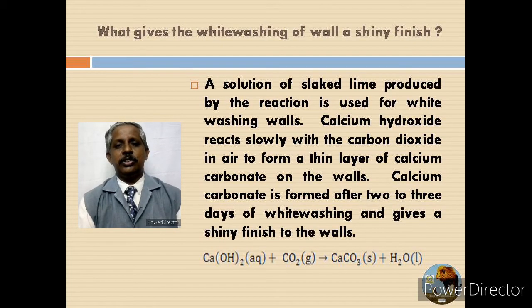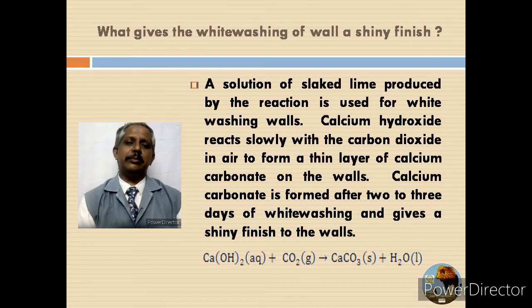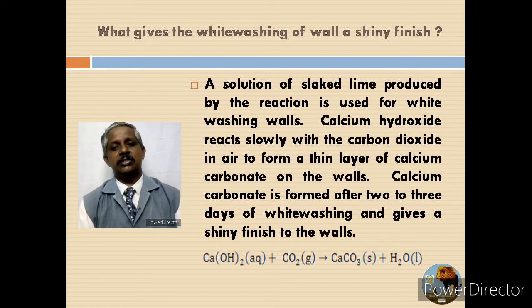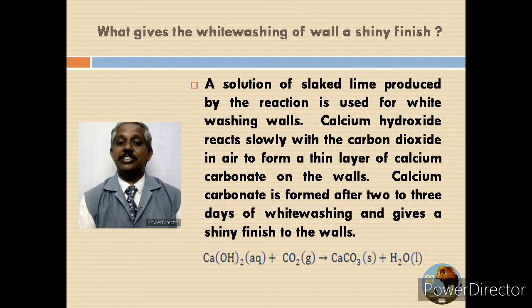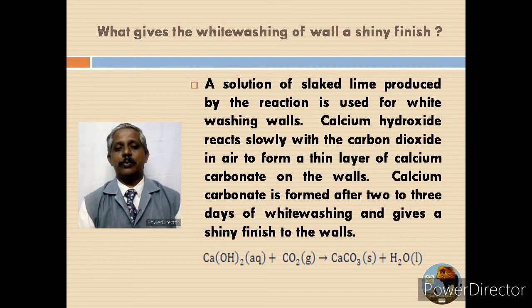What gives the whitewashing of a wall a shiny finish? A solution of slaked lime produced by the reaction is used for whitewashing walls. Calcium hydroxide reacts slowly with the carbon dioxide in air to form a thin layer of calcium carbonate on the walls.